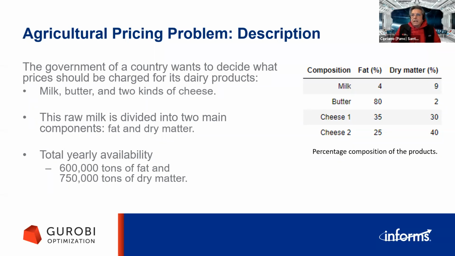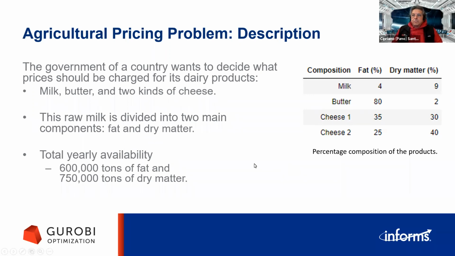And the raw materials from the raw milk to produce these four products are going to be fat and dry matter. So in this table here, we have the composition. When you are producing milk, 4% of the milk will be fat and 9% will be dry matter. And for butter, 80% will be fat and 2% dry matter. So it's not good for a diet, butter, and the rest is similar.